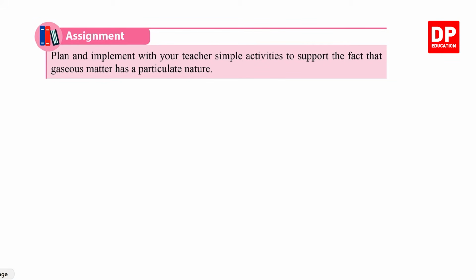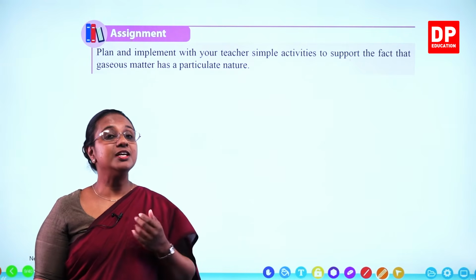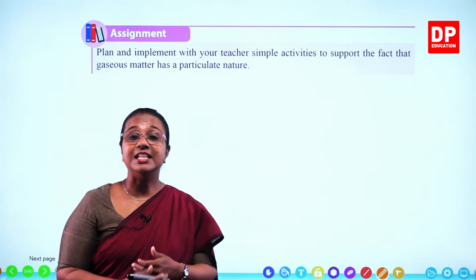Assignment. Here again, plan and implement with your teacher simple activities to support the fact that gaseous matter has a particulate nature. Basically, we have carried out simple activities already in the lab.